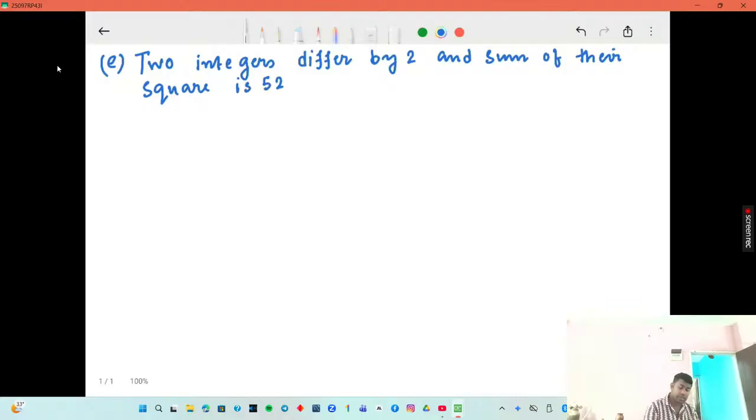The integers are? Is it okay? So here the question is given as two integers differ by 2 and the sum of their squares is 52. The integers are?